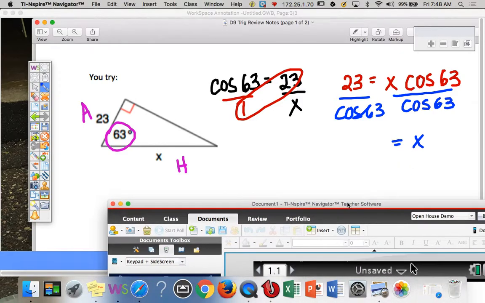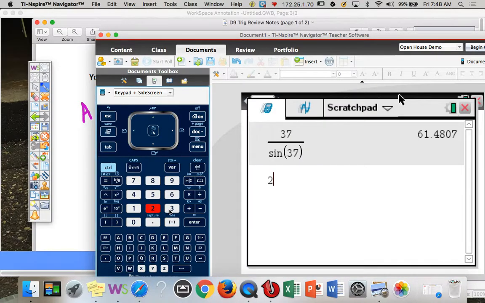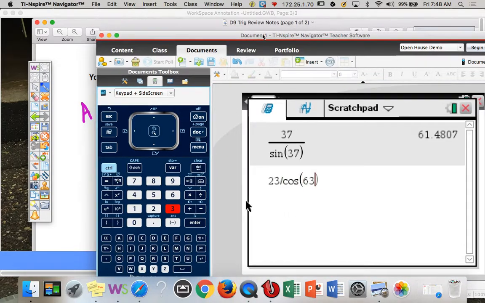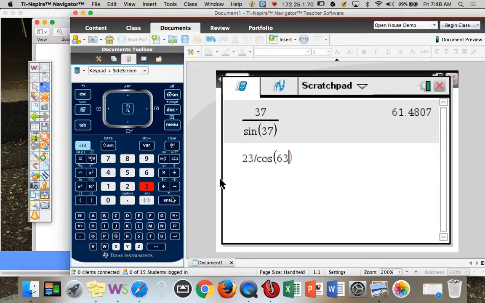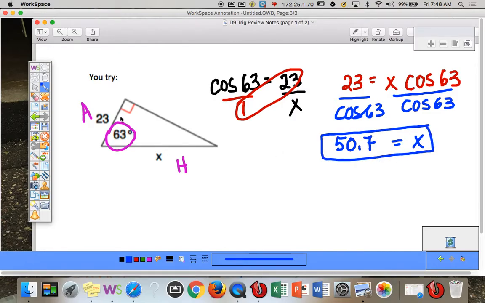Let me put my calculator up here. So it's 23 divided by cosine of 63. And we get 50.6, so around 50.7. And again, check: the hypotenuse should be the longest side, and it is longer than 23.